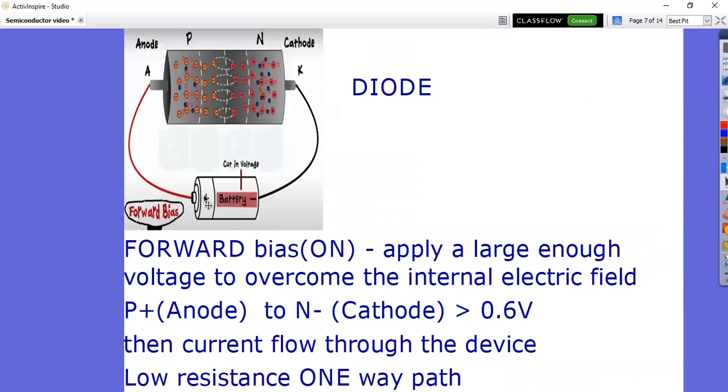So if we, for example, apply a battery plus side to the anode, to the P side, the positively charged side, and the negative terminal of the battery to the cathode, the negatively charged side, if we provide a large enough voltage above 0.6 volts, then we have current flow through the device, which provides a low resistance one-way path.